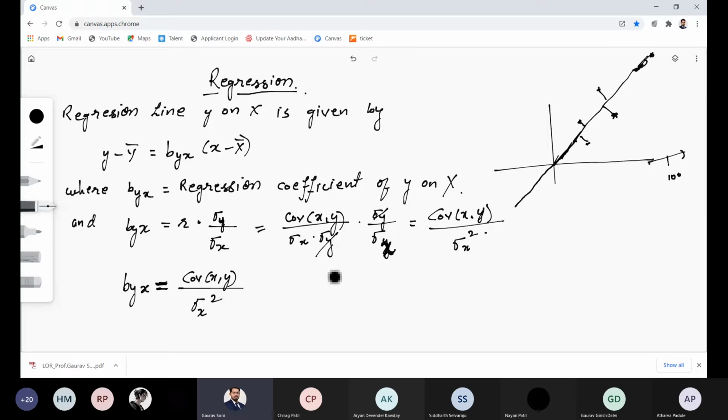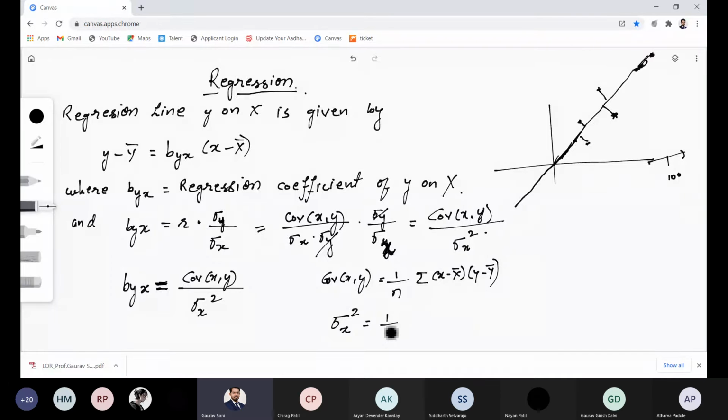For covariance of xy, our formula is 1 upon n summation x minus x bar, y minus y bar. What is sigma x square?